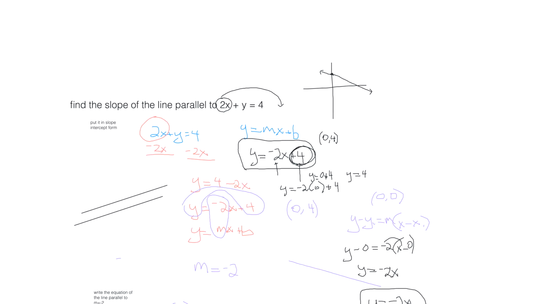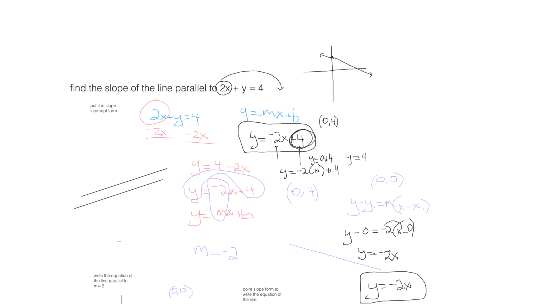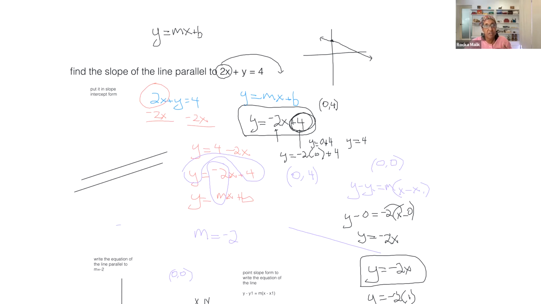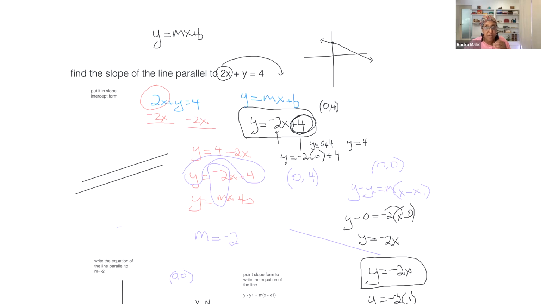I do get it. And that's the format that we have to use always. Well, you don't have to. I would use it when I want to graph easier. Like if y is by itself in my equation that they give me, like I gave you this, 2x plus y equals 4.